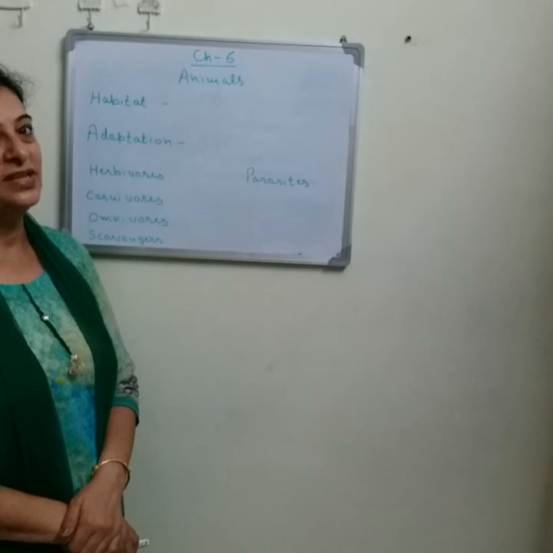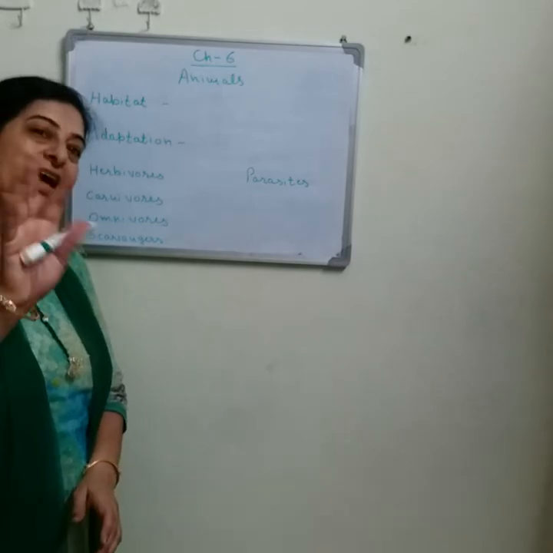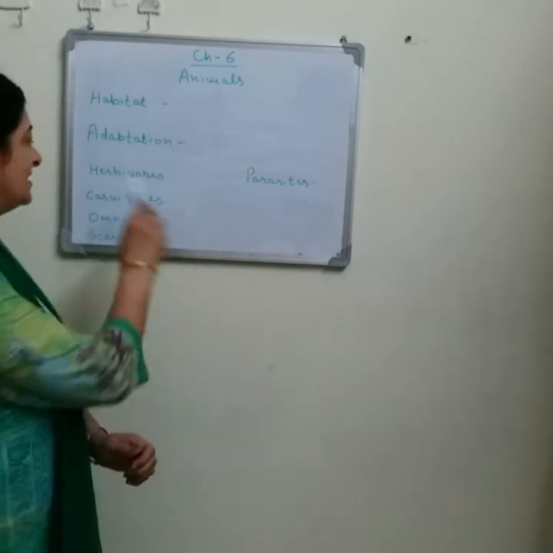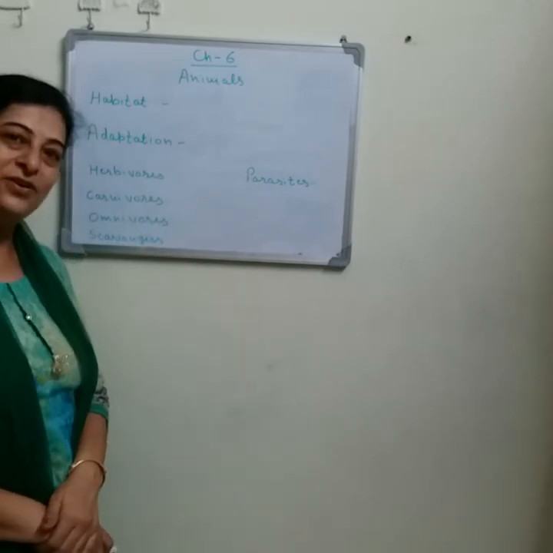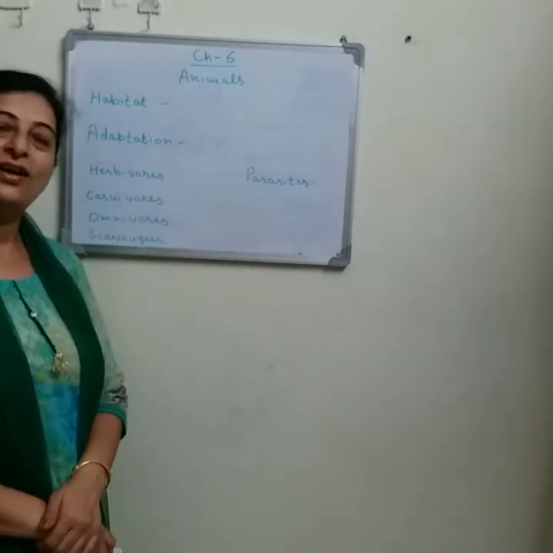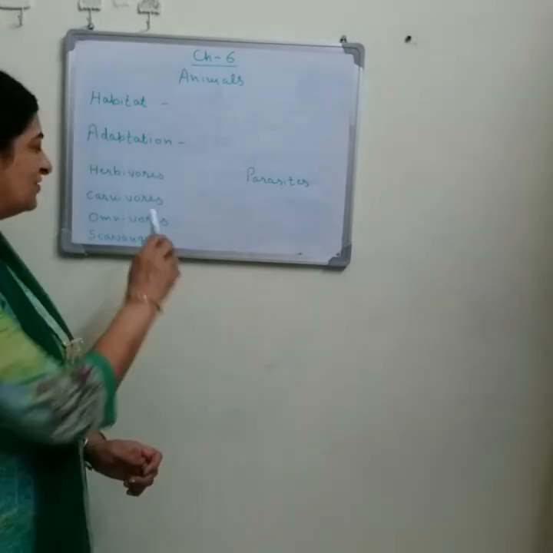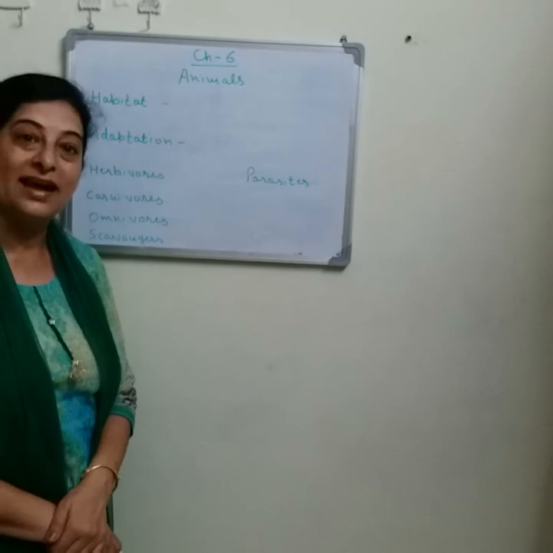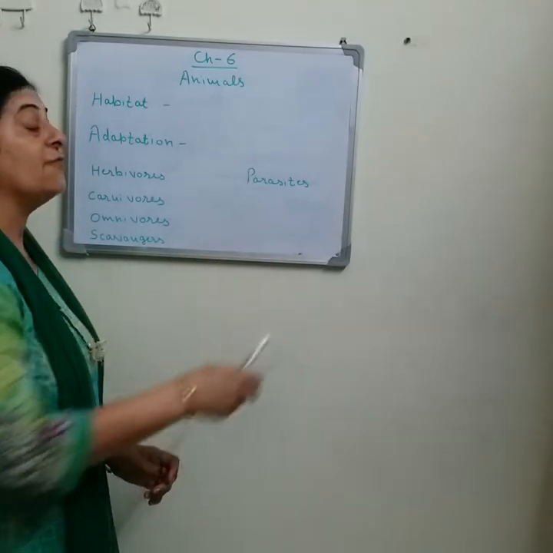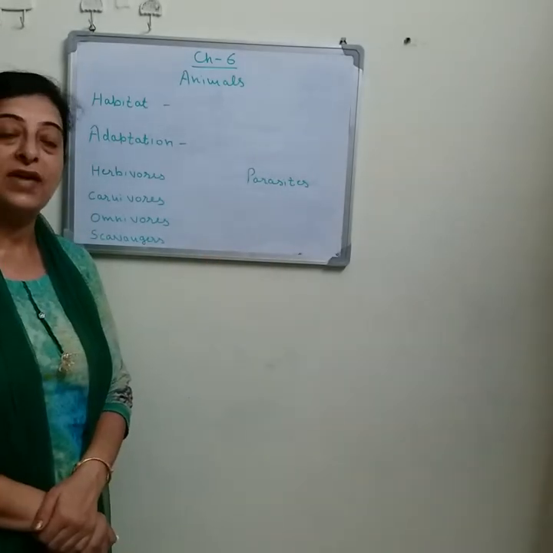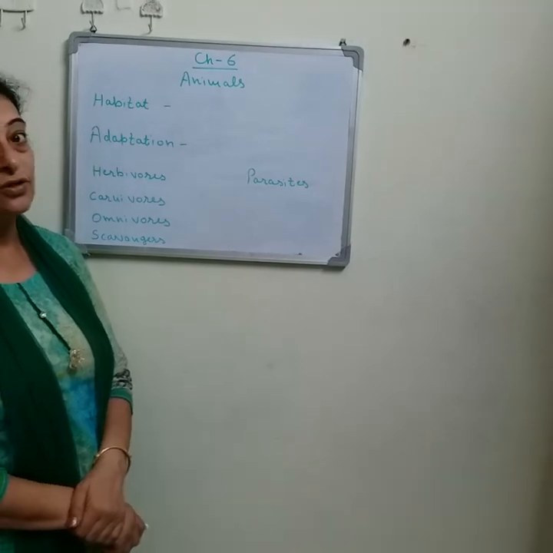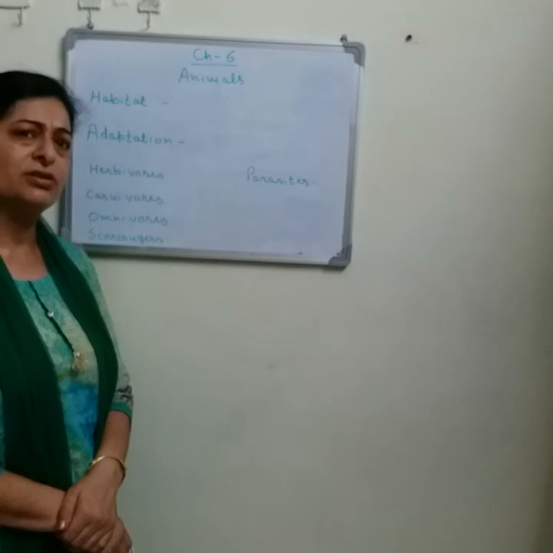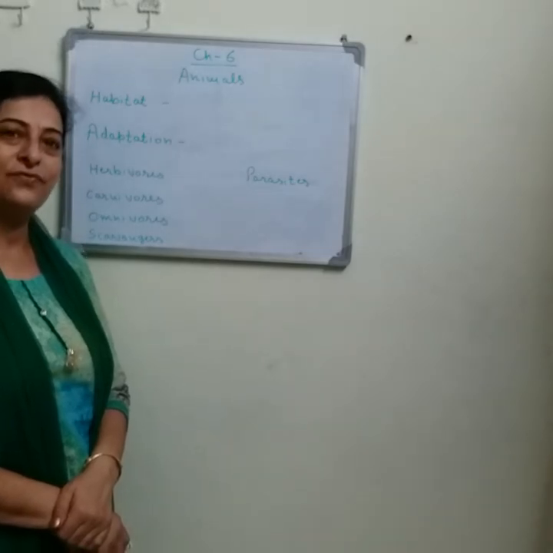First is herbivores, second is carnivores, next is omnivores, next is scavengers, and the last one is parasites. So these are the 5 categories of animals on the basis of their food habit. Let us find out how they are adjusted according to their food habit.